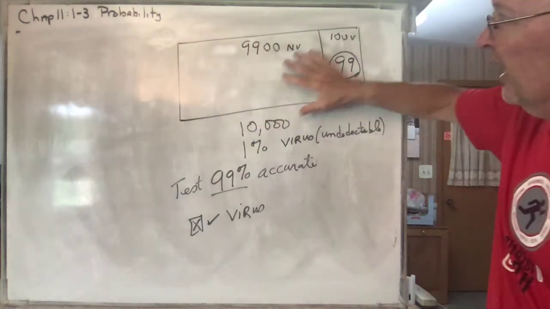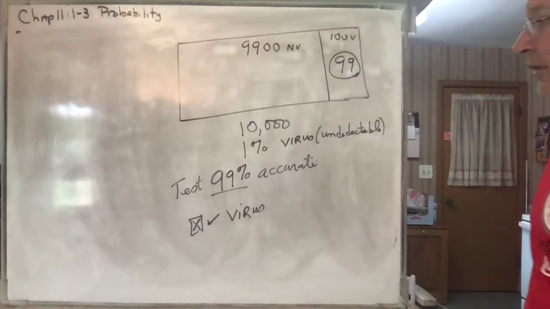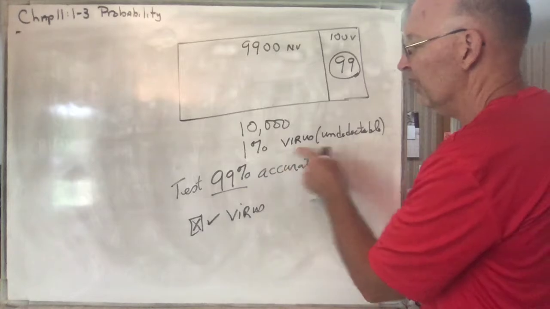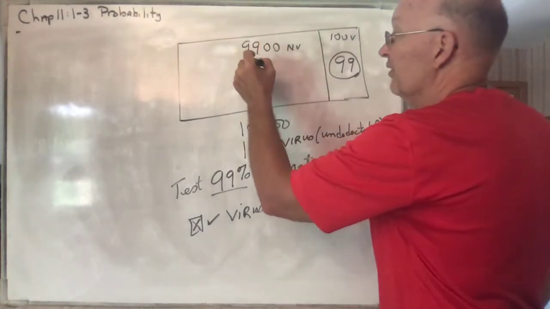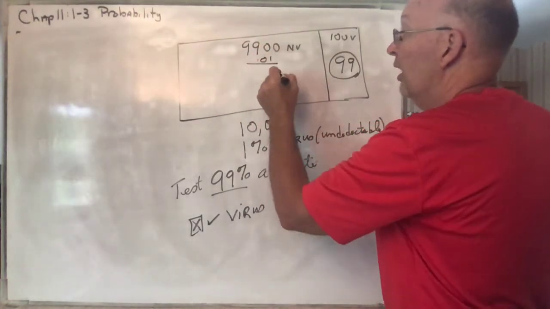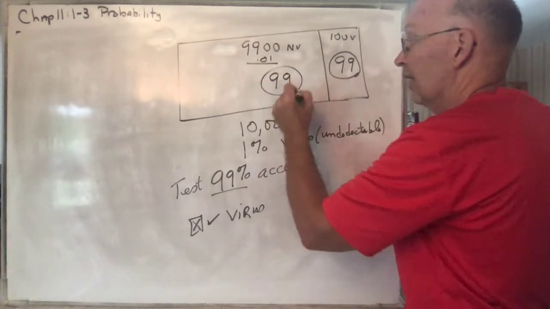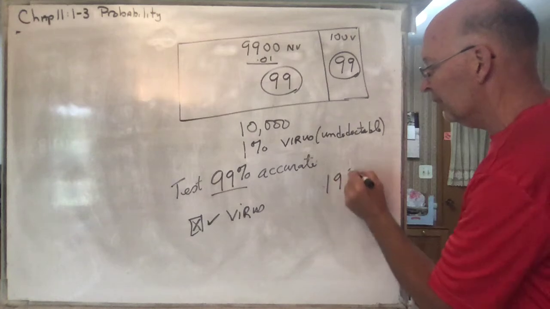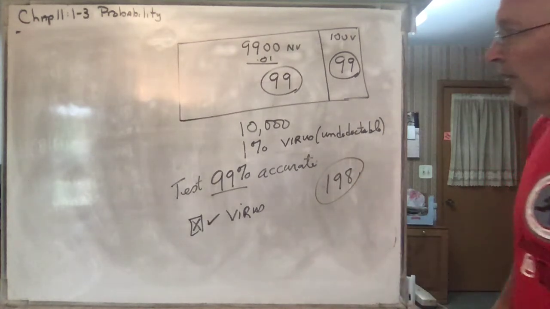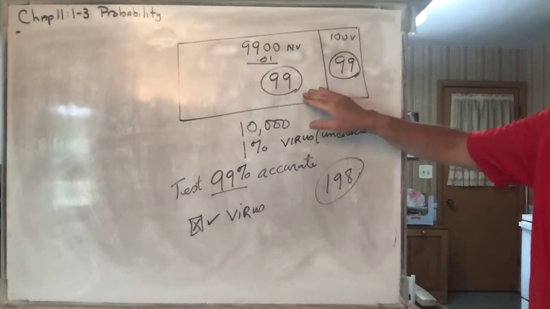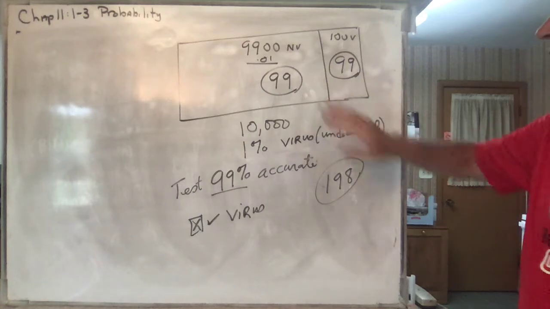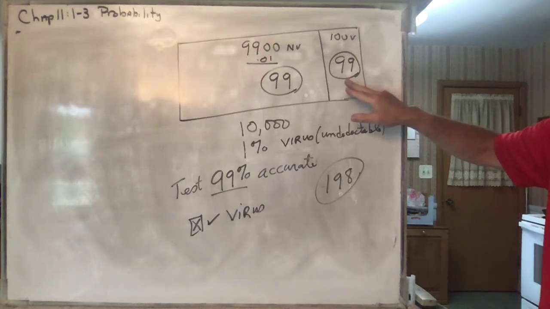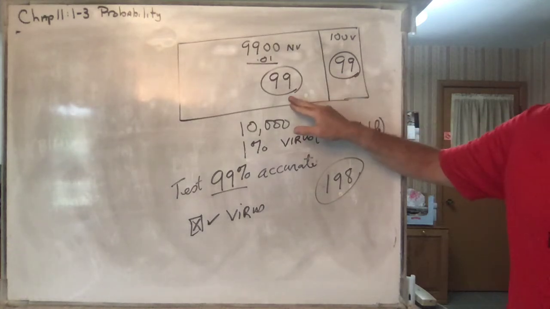Out of these 9,900 which don't have the virus, it's 99% accurate, which means 1% wrong, and 1% of this, if you take this times 0.01, you get 99 again. So now you have 198 people in the room, all of whom the test has said, you have the virus. And of those 198 people, 99 of them actually do, and 99 of them actually don't.